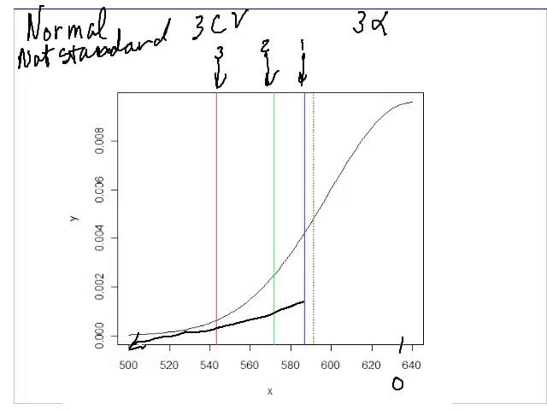That's a fairly big area, and this is an area of 0.10. The green one would start at the green and go all the way into the tail. That's a critical value at the edge of a region that has an area of 0.05.